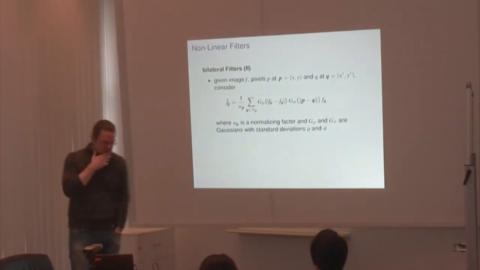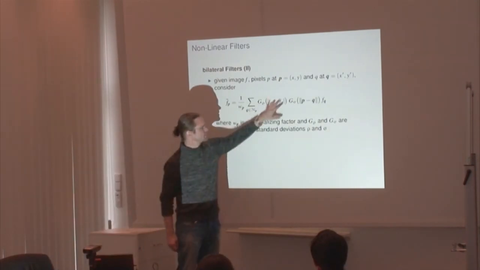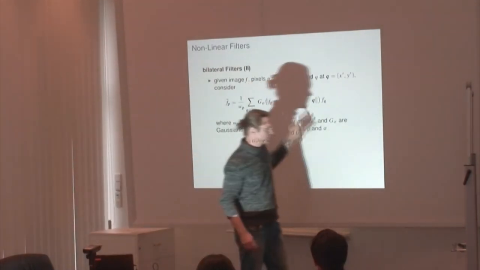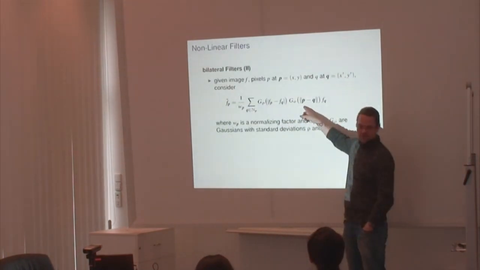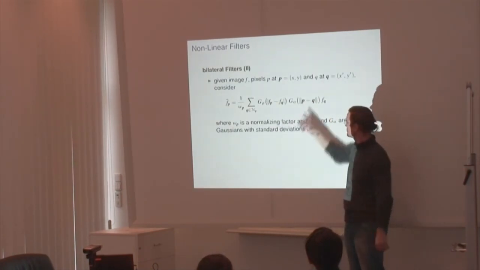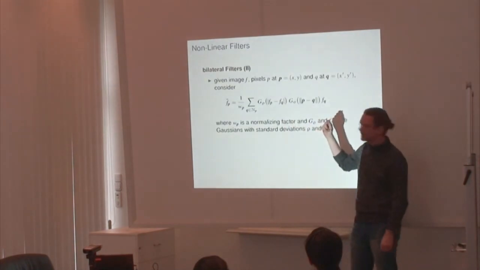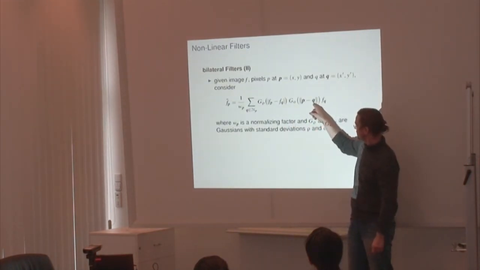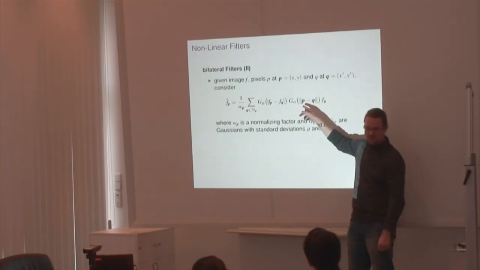What this bilateral filter does is, let's mentally abstract away this one for a second, and just go for this one. p is our center pixel, and we are summing over all pixels in the neighborhood. This is the distance between the pixel we are currently considering and the center pixel.